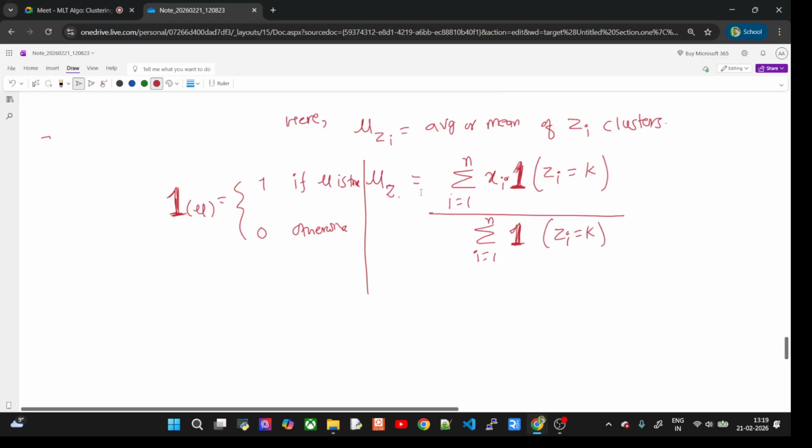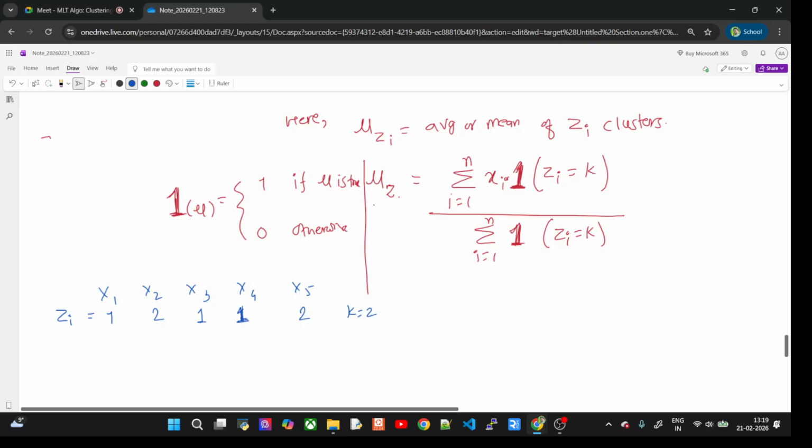So what it is saying, in this example of x1, x2, x3, x4, x5 having zi values, z1 is what? 1, 2, 1, this is 1 for example, and this is 2, because k is equal to 2.